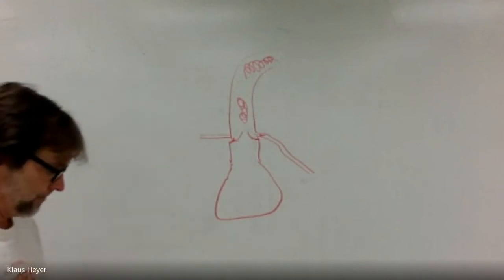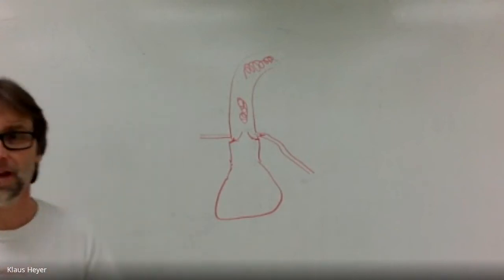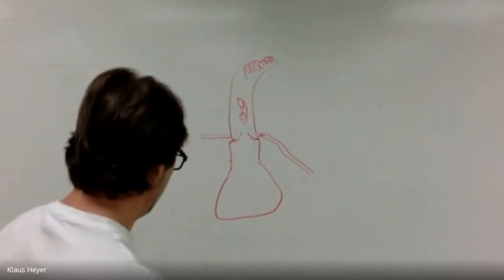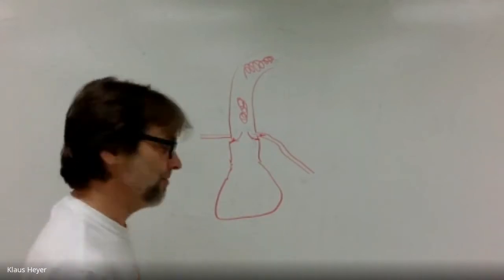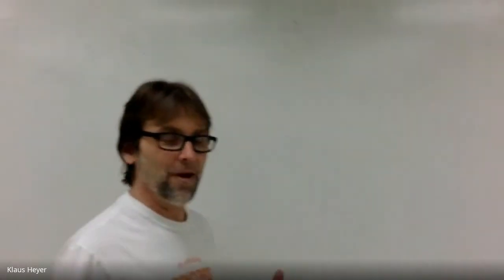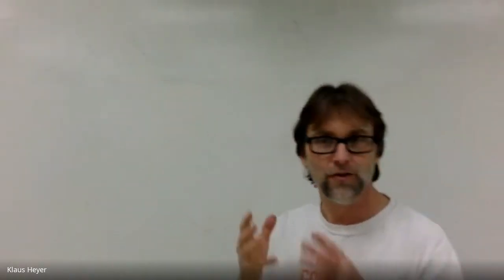So that's more physiology. I'm hoping I've got a picture of it somewhere, or I can get a video together of it. But the whole thing about coronary circulation is driven by when the ventricle's relaxing, or when the whole heart's relaxing, actually.